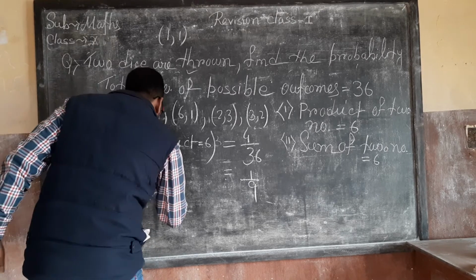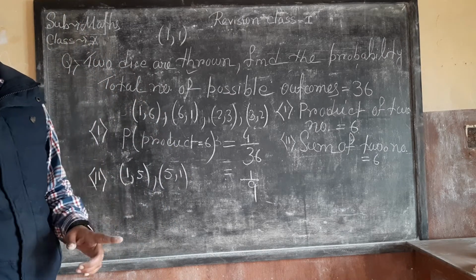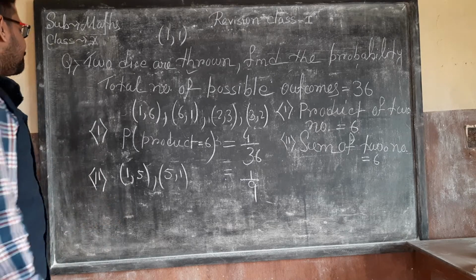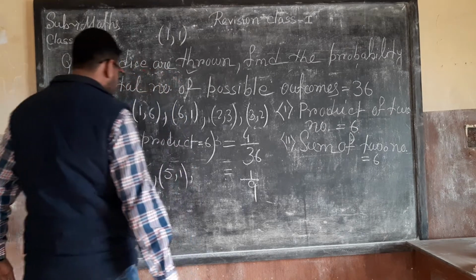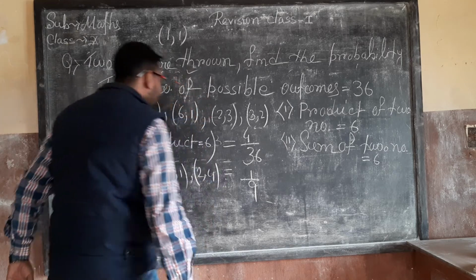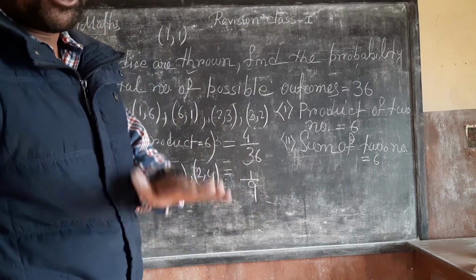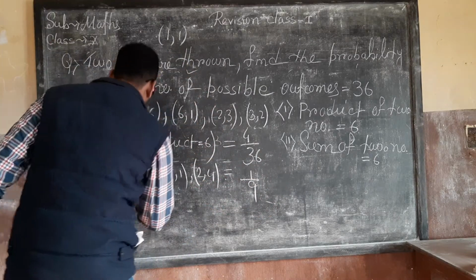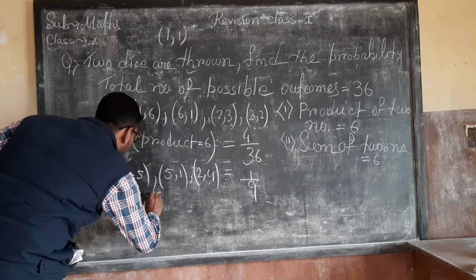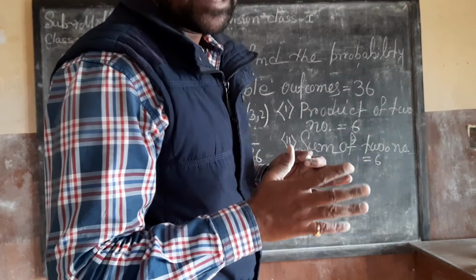After that 5, 1 also produces 6. Next, 2, 4: the addition of 2 and 4 also produces 6. 4, 2 also produces 6.